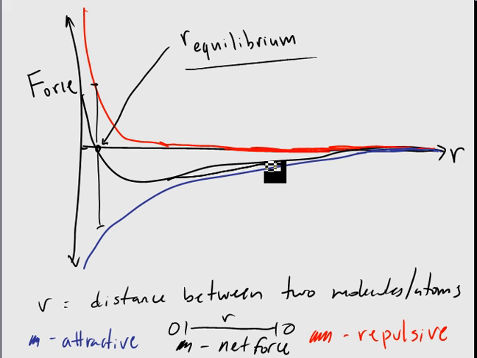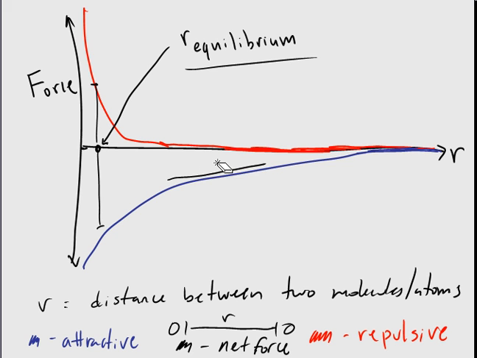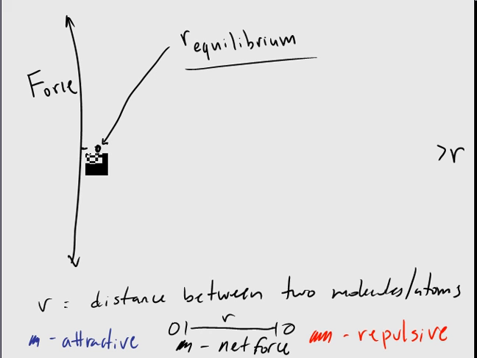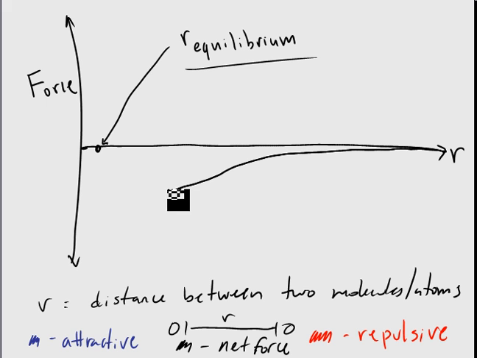So I'm going to erase some of this to clear it up a little bit. And I'm just going to redraw that net force line. It'll look something like that.